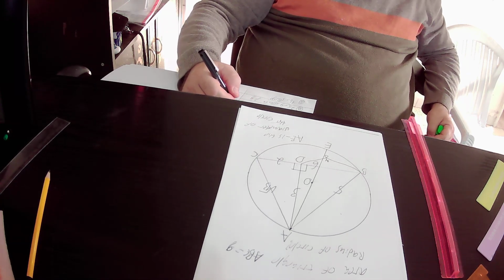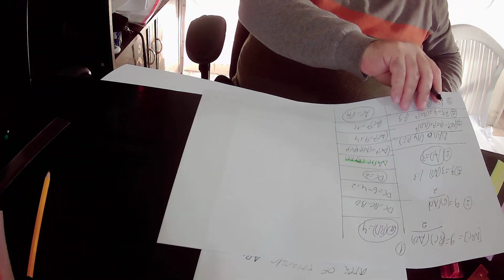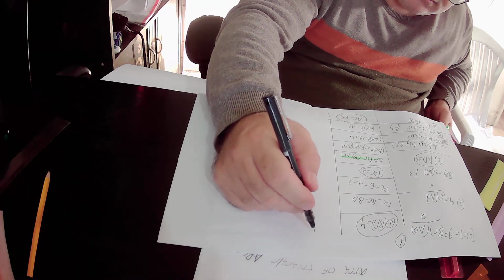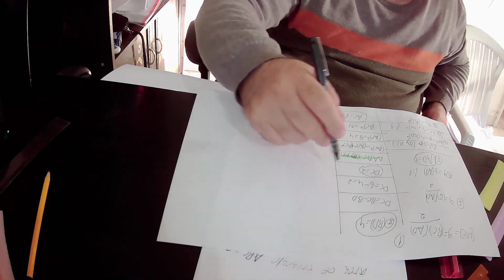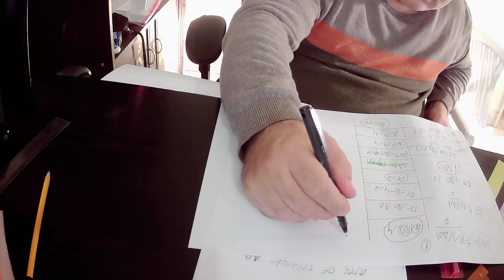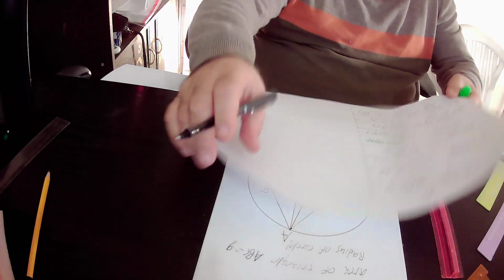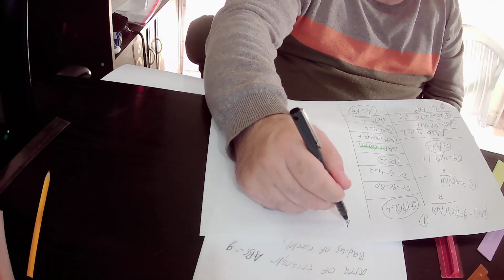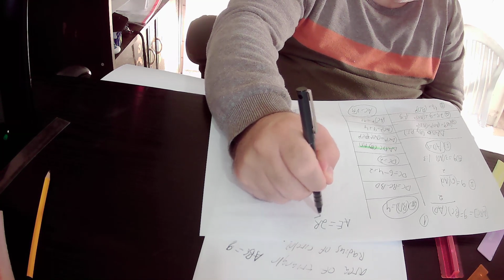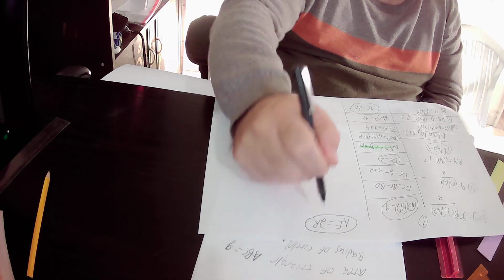So AE, the diameter, must be equal to 2 times the radius, so we'll define the radius of the circle as capital R. Therefore, we'll get that AE equals 2 times capital R, since the diameter of any circle is twice as long as the radius.